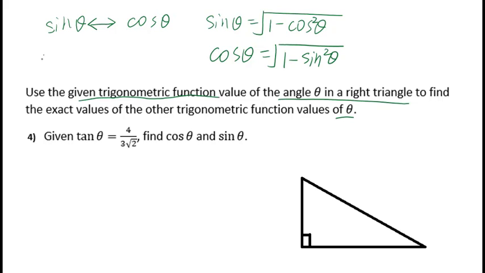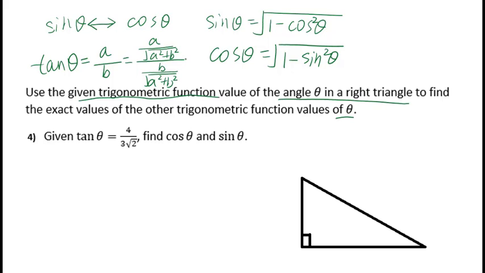If you are given tangent theta, how to get the sine and the cosine? For tangent theta, you can label as A over B. Then you divide it by square root of A squared plus B squared, which means that is C. For B, we will do the same thing, divided by square root of A squared plus B squared.